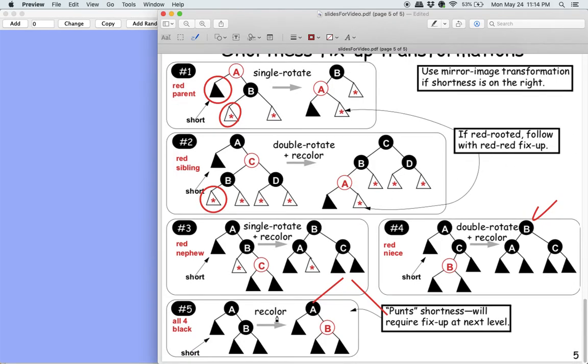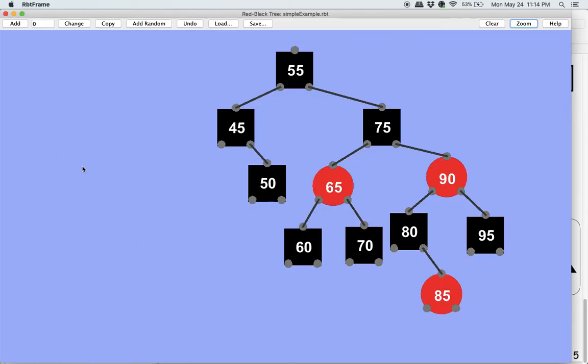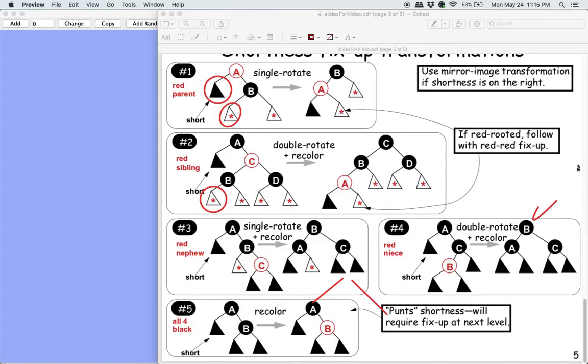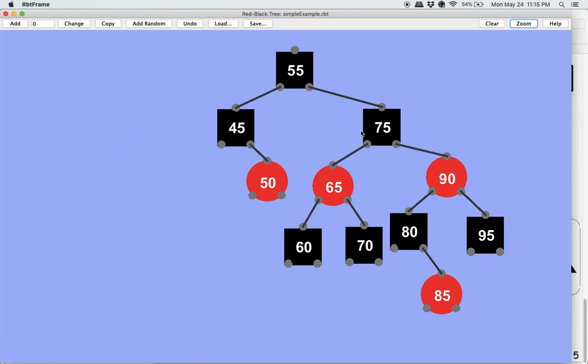So that is transformation number 5. And so that means we color this guy red, but that means there's a shortness that's coming up to the next level. And so now we look at the parent here at this level is black, the sibling is black, but the nephew is red. That's transformation number 3. And for transformation number 3, we simply color the nephew black and do a single rotation of the sibling over the parent.